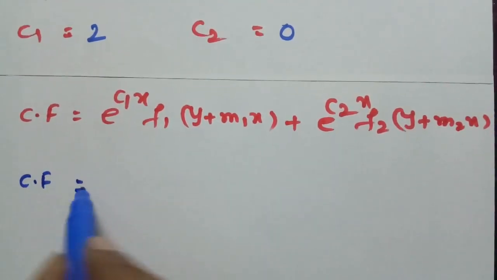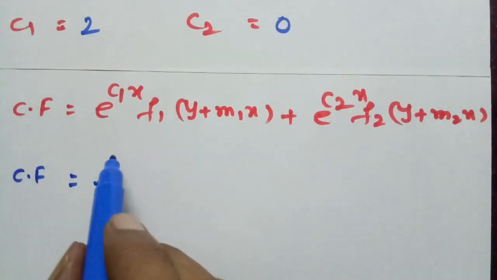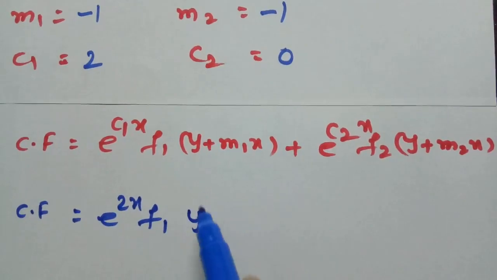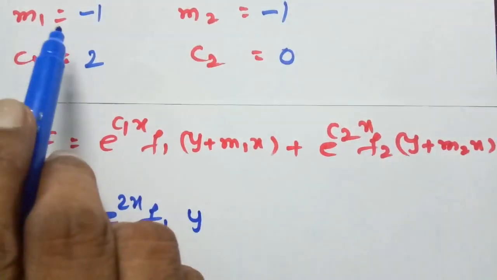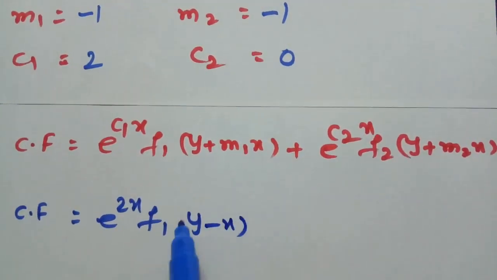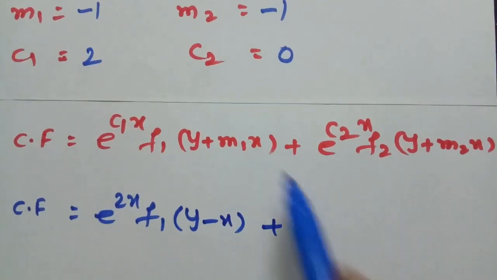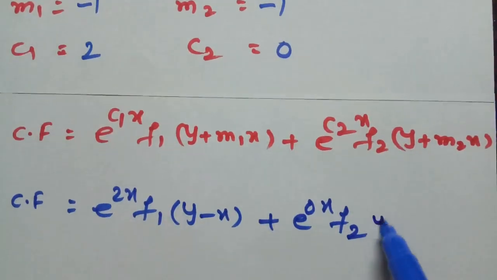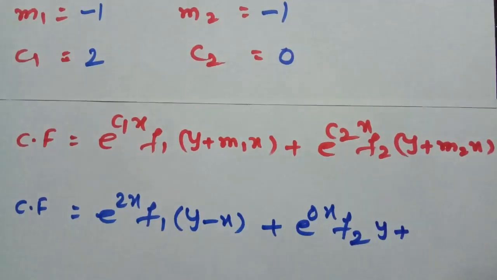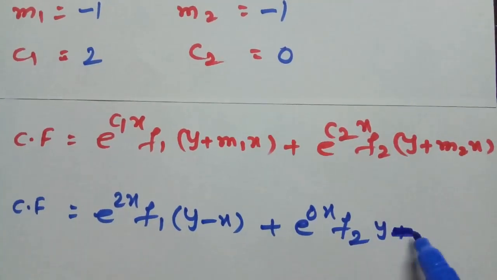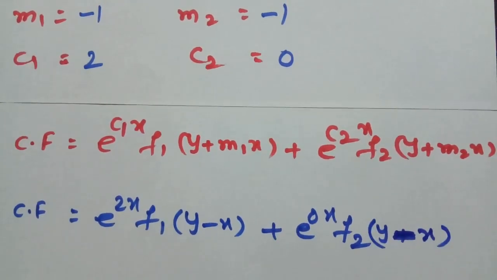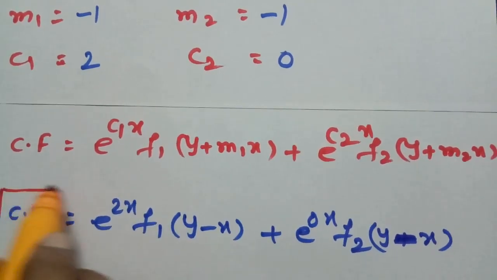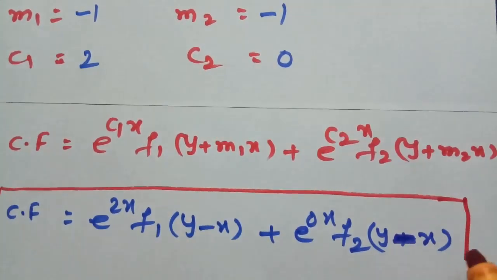Therefore this is equal to e to the power of 2x into f1 of y minus x, plus e to the power of 0x into f2 of y minus x. This is the complementary function for equation number 1.